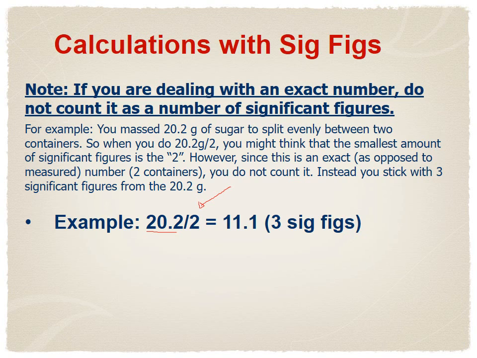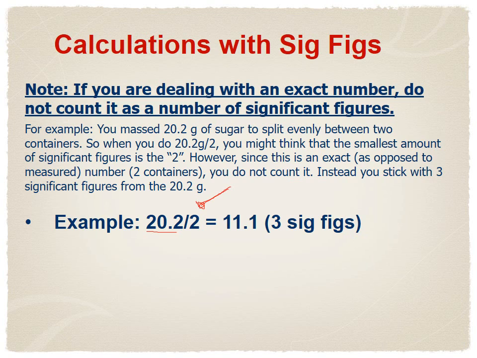So there's infinite significant figures, I should say, in a counted number, meaning it's so precise that there's as many significant figures as we need it to have. So that's why you don't want to count this exact number here in your count for significant figures.